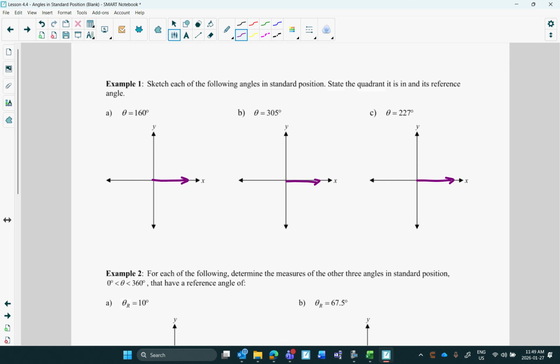Close to the second quadrant, yes, good. What's the reference angle? 20 degrees, right? Because we do 180 minus 160, and we get 20 degrees.